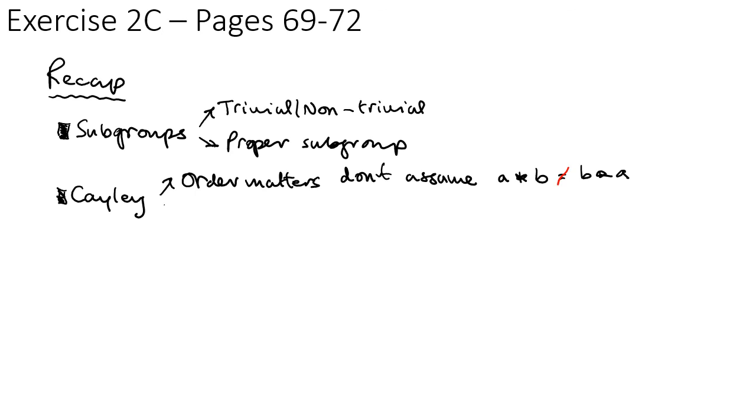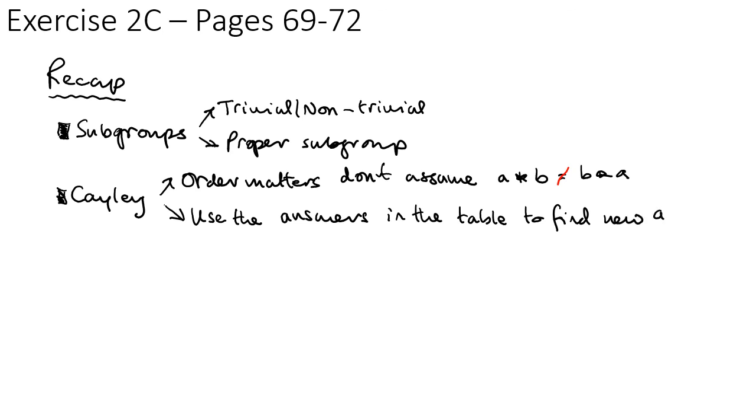And also with a Cayley table, if you're asked to fill in the Cayley table, make sure that you use the calculations or use the answers in the table to find new answers. Don't be tempted to just look at some patterns and think, oh yeah, I can work out what's going to fill in the table.